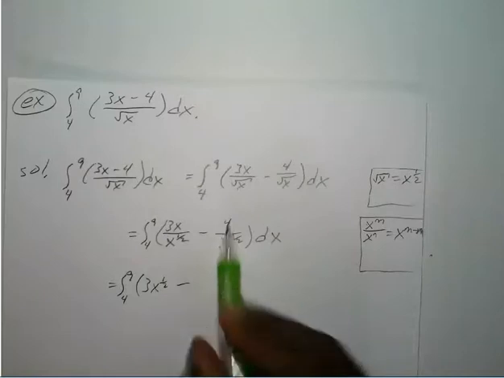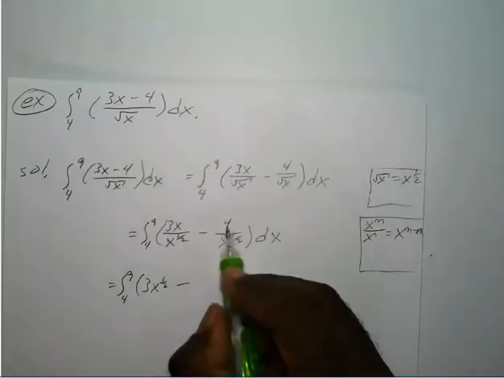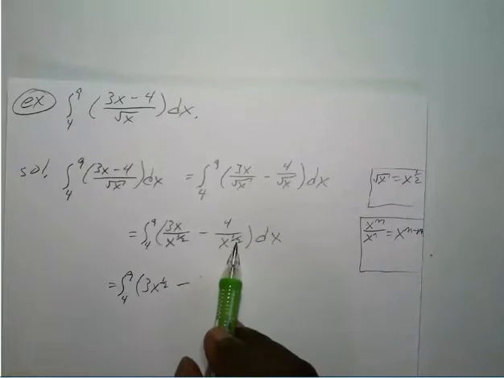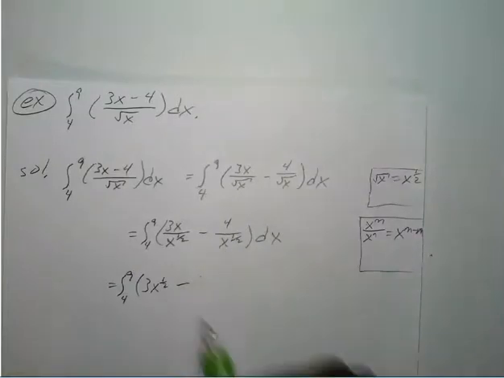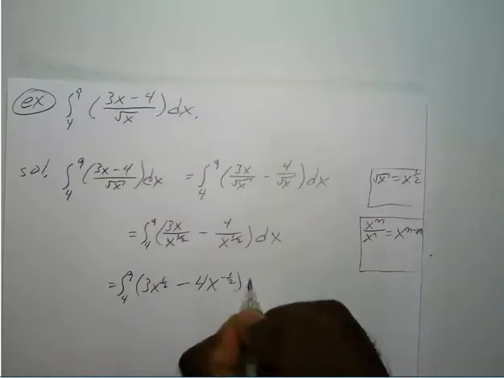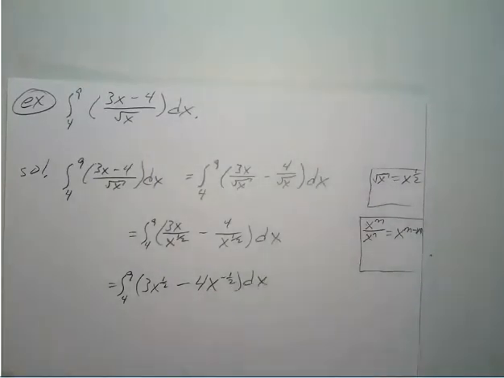Minus, instead of 4 over x to the 1/2 power, we can bring that exponent in the denominator up by making it negative. So it's 4x to the negative 1/2 power with respect to x.